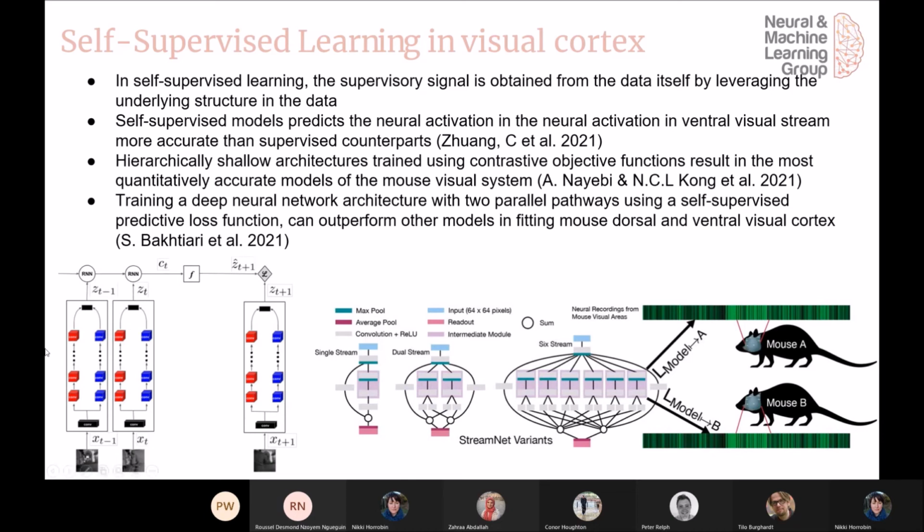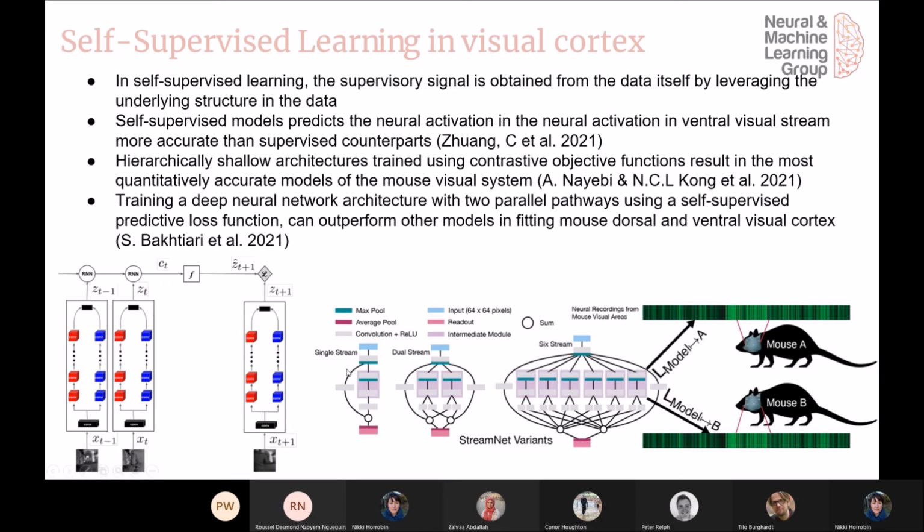It turns out, and this study was actually so surprising to me, that if you have two AlexNets, and you pass them video frames and train them with contrastive predictive coding, then one of them will resemble the ventral stream, which is responsible for what it is that you're looking at, and the other will resemble the neural activation of the dorsal stream, which is where the thing is. They train this, then compare the neural activation of this pathway and that pathway, and they realize that when they train it in a self-supervised way, they get better neural prediction accuracy.